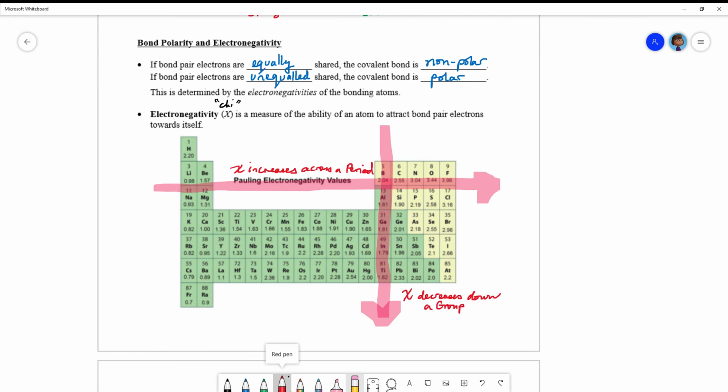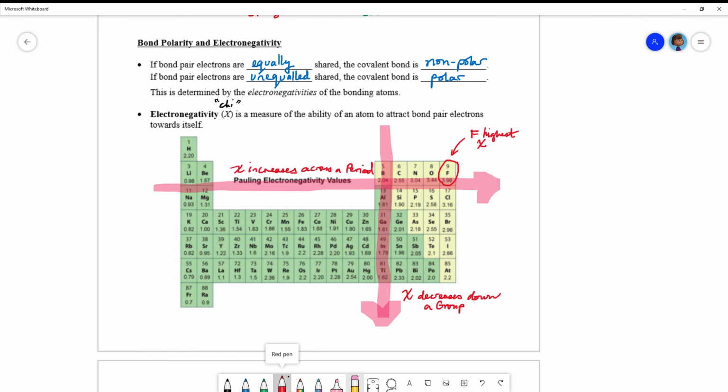Now, it turns out, based on these trends, the most electronegative element on the periodic table is fluorine. And I find that a very useful thing to remember. So fluorine has the highest electronegativity of all the elements on the periodic table.